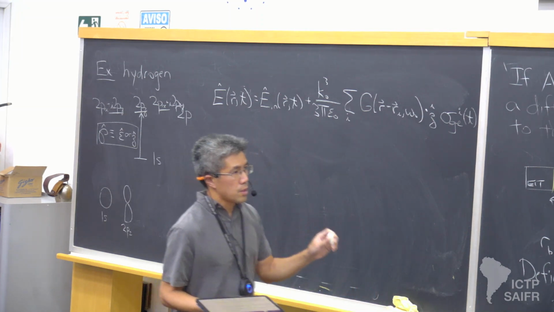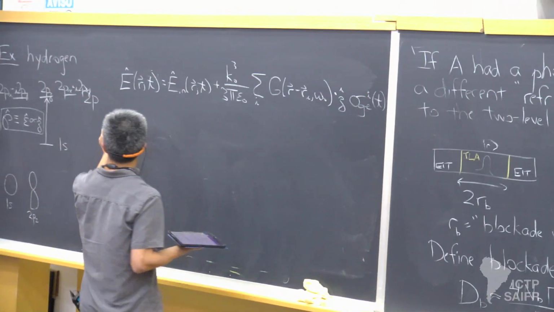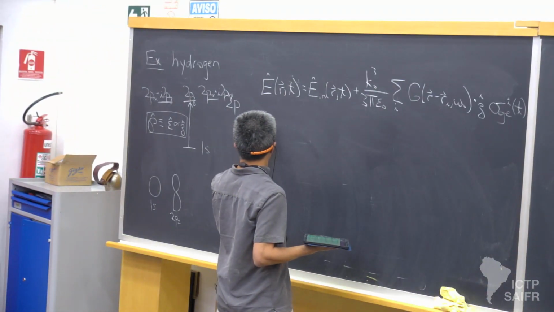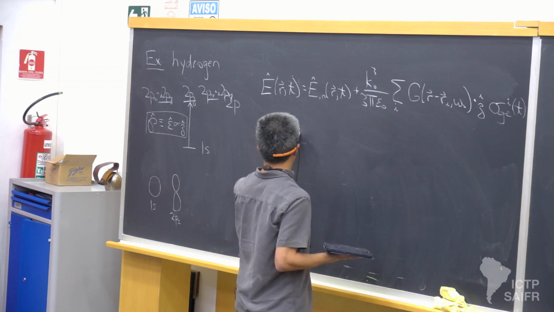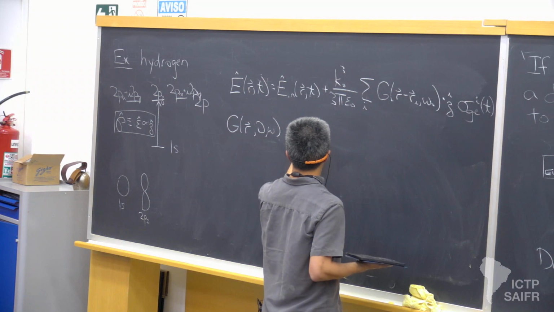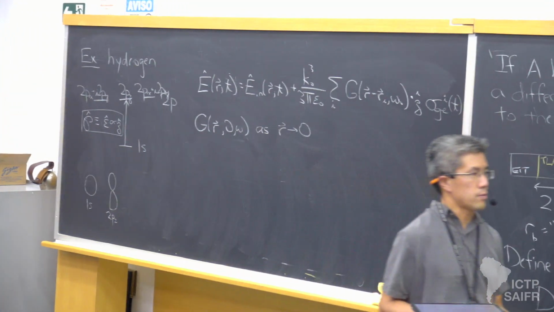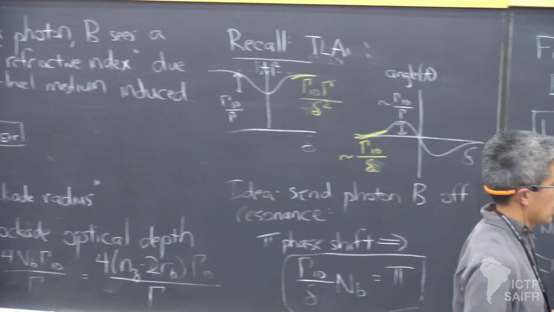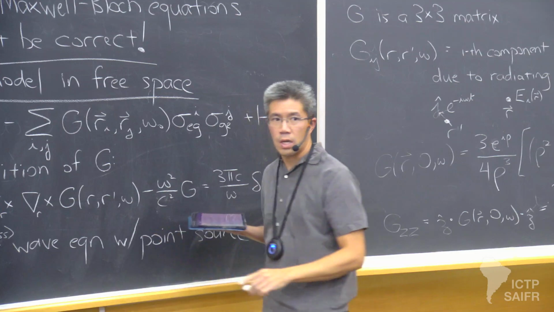There's maybe one more thing I should mention. Let's look at the behavior of this Green's function as R goes to 0. The reason we have to talk about it is that in this effective Hamiltonian, we do have a self term.